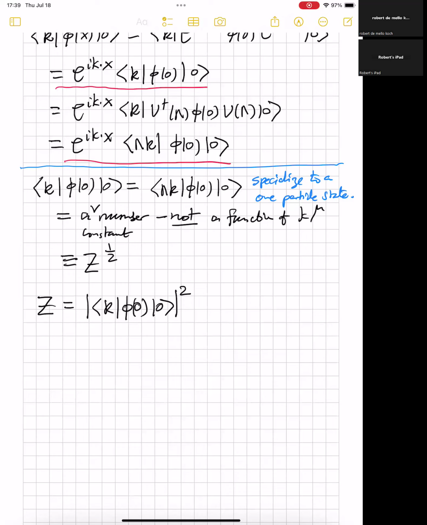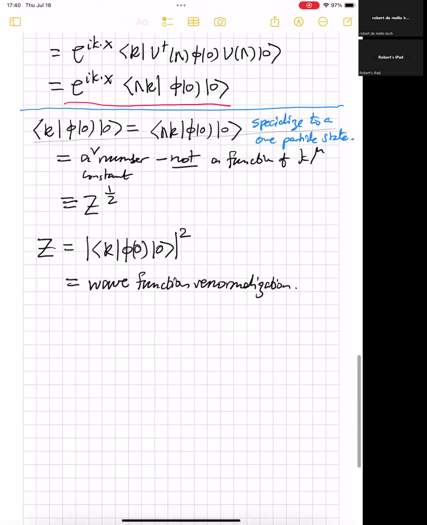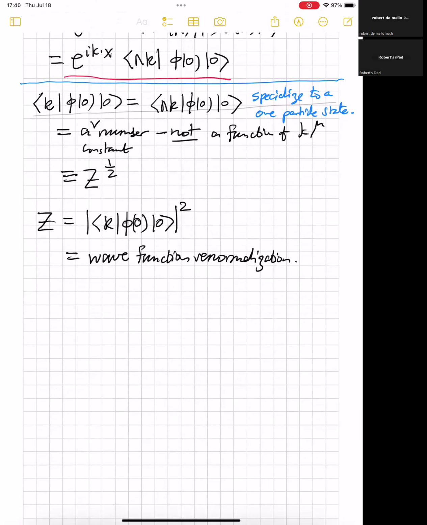So this is called the wave function renormalization. And in a few recordings' time, you'll be able to understand why this is its name. But for now, just accept it as a name. It's called the wave function renormalization.